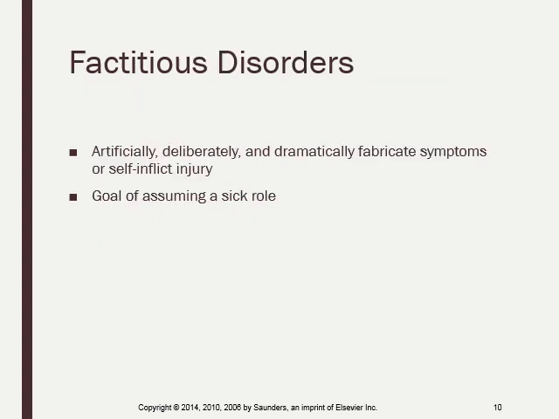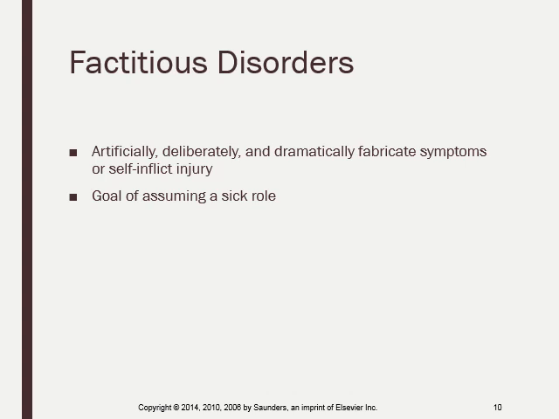So factitious disorder, we're getting into the disorders now that kind of make us upset. Factitious disorder is artificial, it's deliberate, it's fake. They may be, or they are inflicting self-injury and dramatically fabricating symptoms because they want to be within that sick role. And so this is a very frustrating disorder to work with.